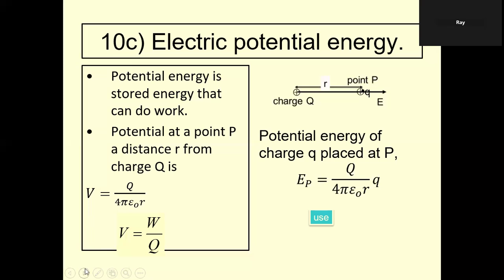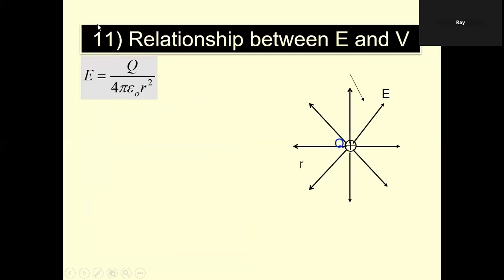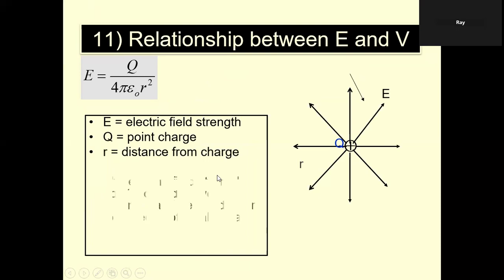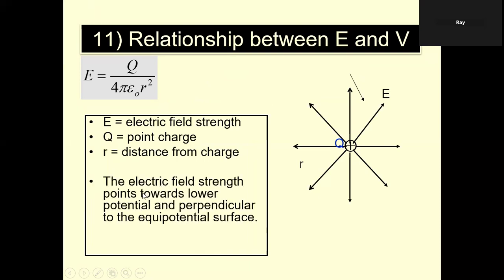Stop me if I'm going too fast. That's the electric field strength of a point positive charge Q at a distance r away. Q is the point charge, r is the distance from the charge. Electric field strength points to lower potential.